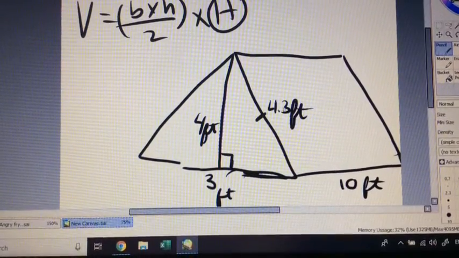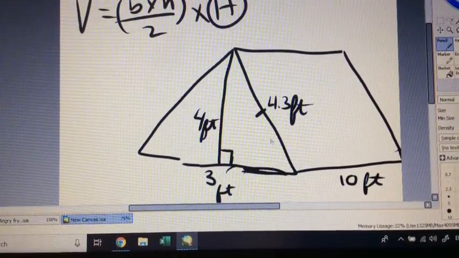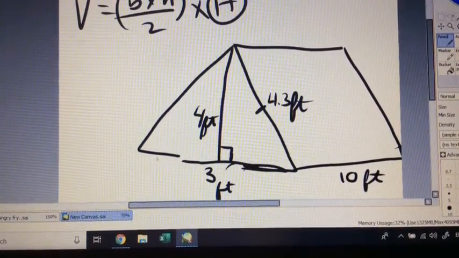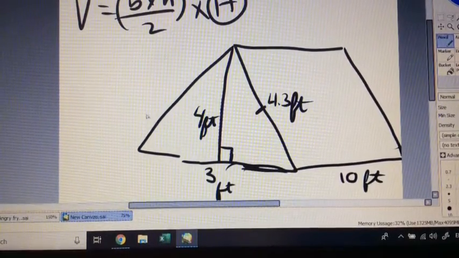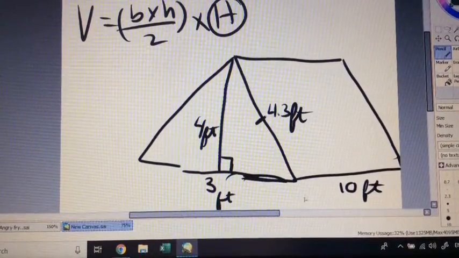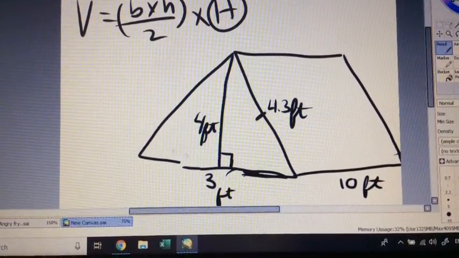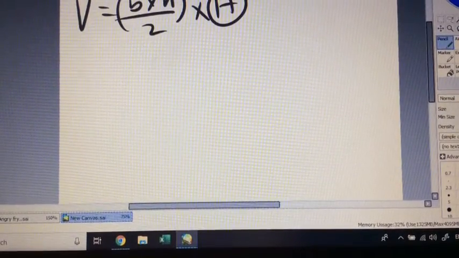Height in math can have a different meaning, which is the line that connects the two shapes that makes the prism recognizable. So for a triangular prism, it's the line that connects the two triangles. I'm hoping that makes sense.